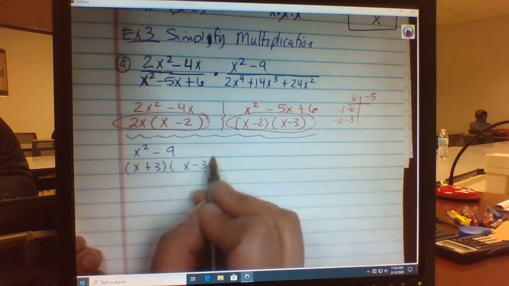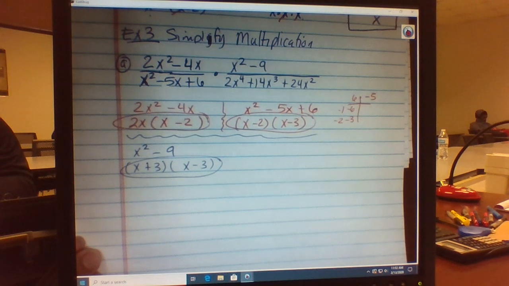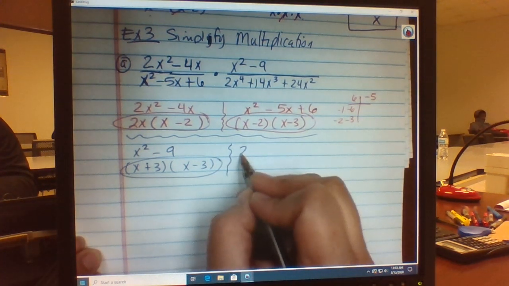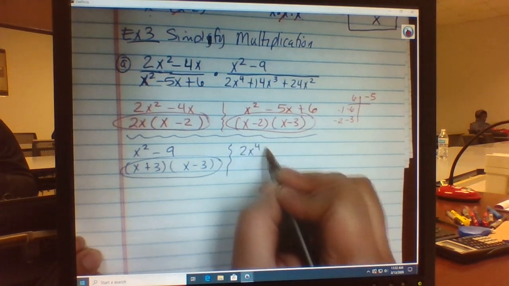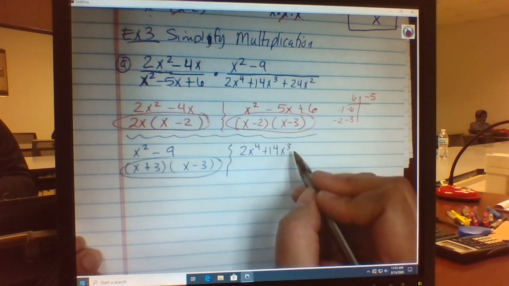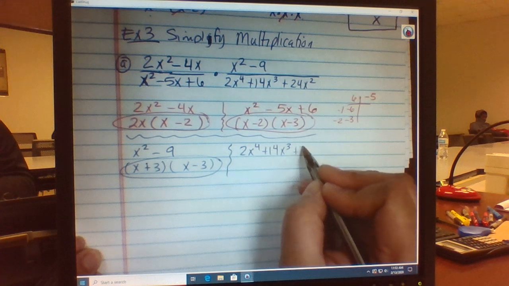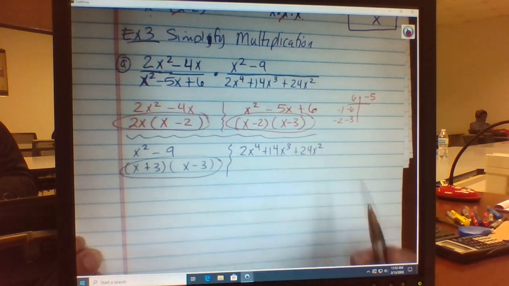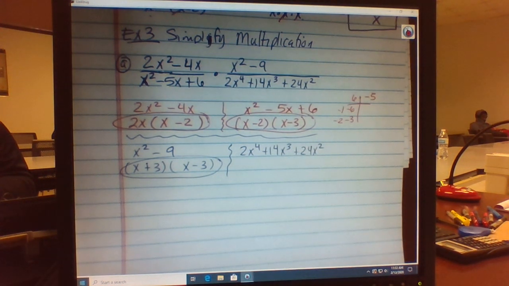You have the right idea. So I did the top, but now I have to do the bottom, which looks like it's going to be lots of fun. Plus 24x. So who can you factor out from that 2x to the 4th, 14x cubed, and 24x squared?